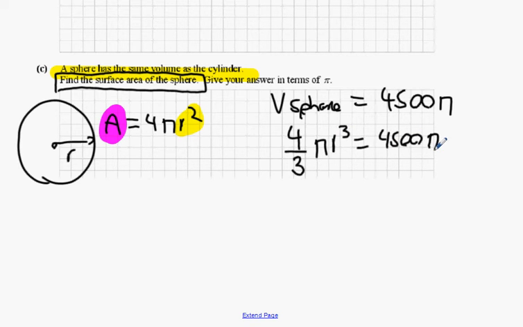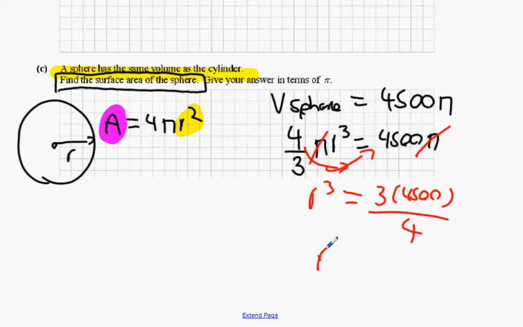After that, you can multiply, bring up the 3 times 4,500, divided by the 4, and that equals r cubed. So what's r cubed equal to? Just the calculation on the right.